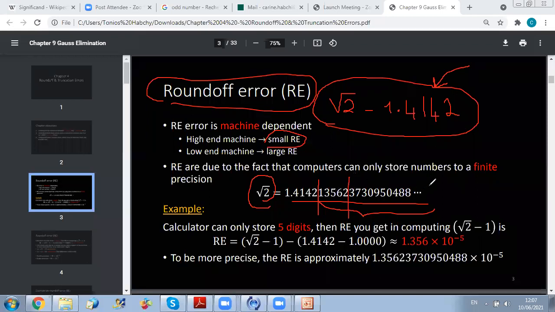Then my error will be of the order of 10 to the power minus 10, instead of 10 to the power minus 5. So by increasing the number of digits that can be stored by the calculator, the computer, or the machine, I can reduce the round-off error. Now, let me check your questions.